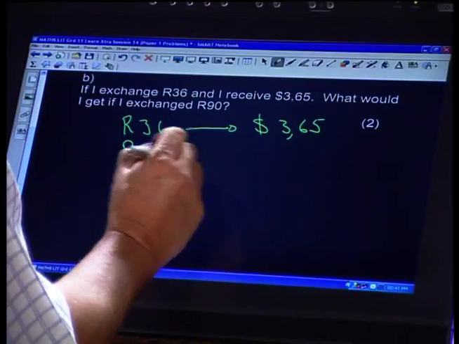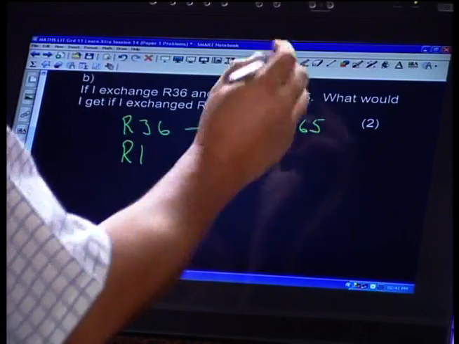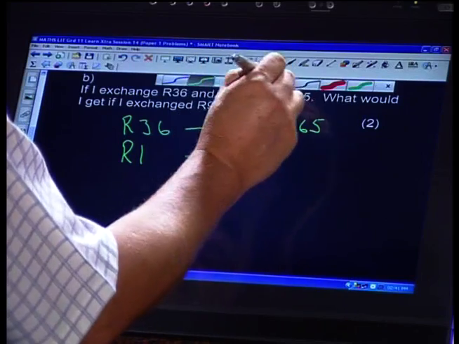Now, here's a major hint I want to give you. And it always works, no matter when you're doing ratio and rate. If you know what 36 Rand's going to give you, try and determine how much 1 Rand is going to give you. Okay? So 36 Rand, so how much will 1 Rand give me? Now, I need to ask the following question.